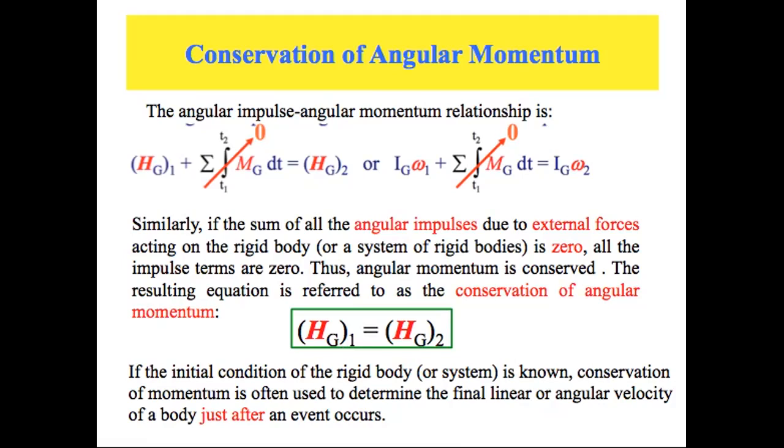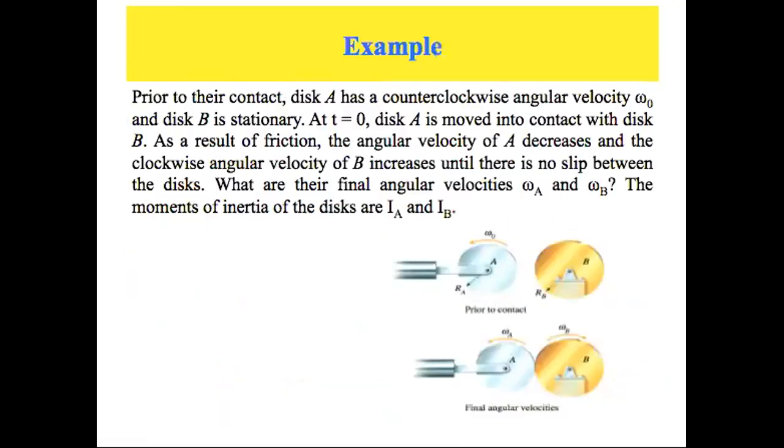Let's look at two examples. Disk A has a counterclockwise angular velocity of omega 0 at time 0, and disk B is stationary.